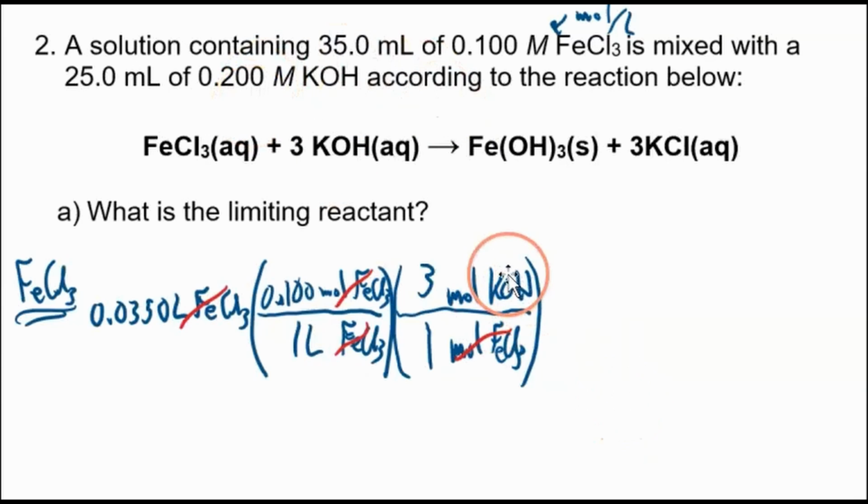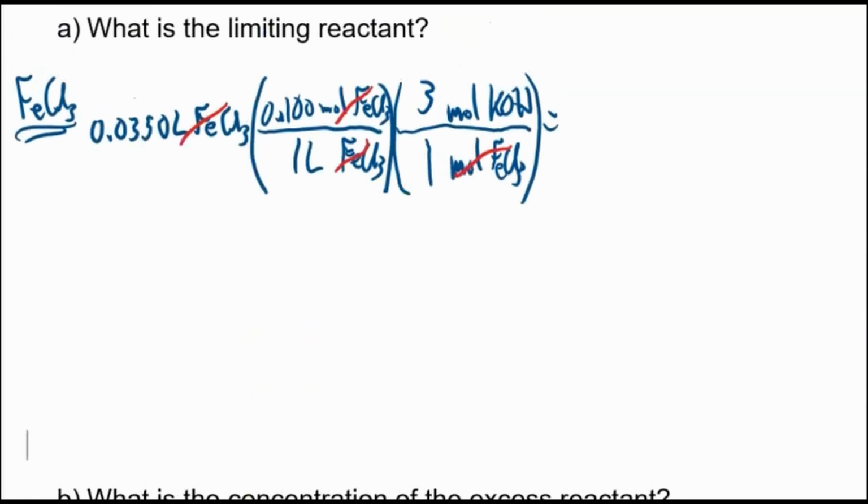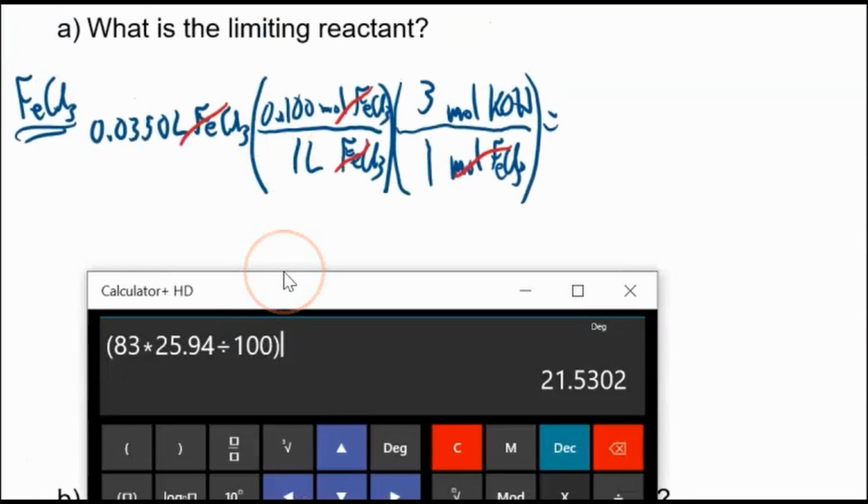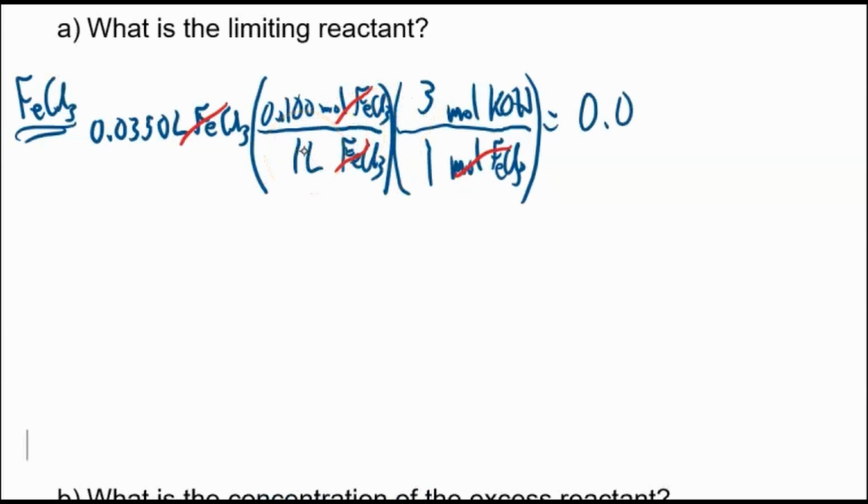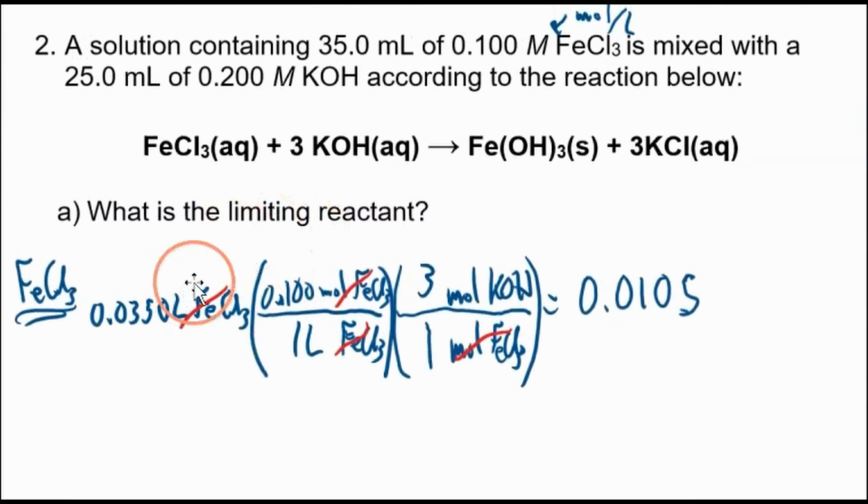So let's do that. 0.035 times 0.1 times 3 is 0.0105, and we had 3 sig figs as before. Okay, so that's how many moles of KOH we need.